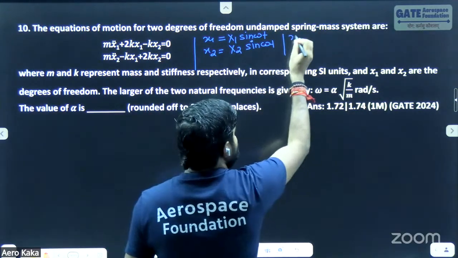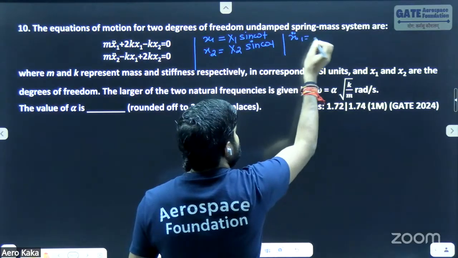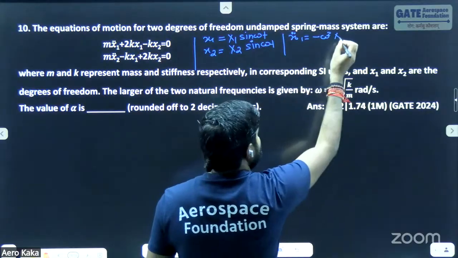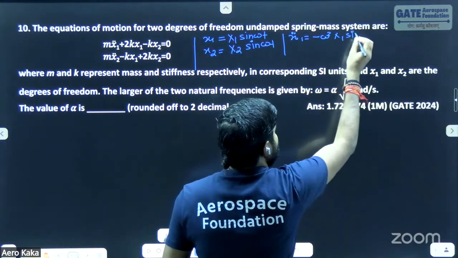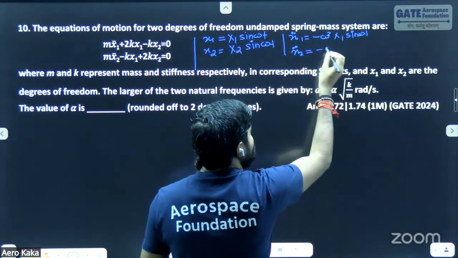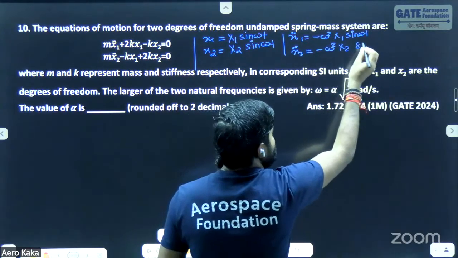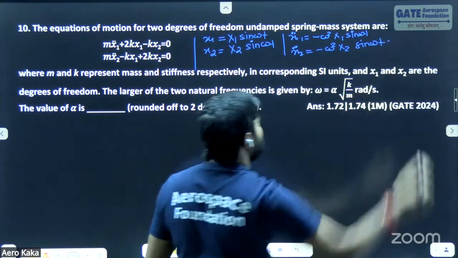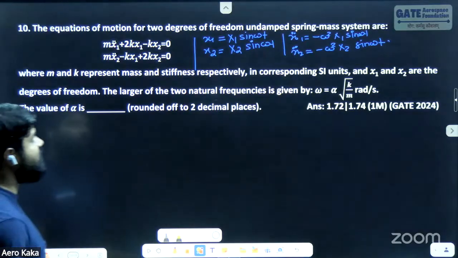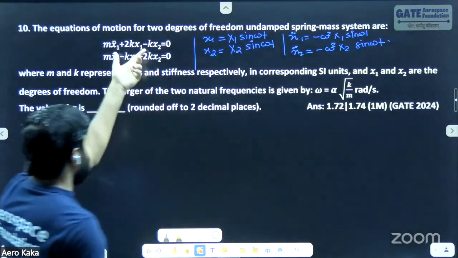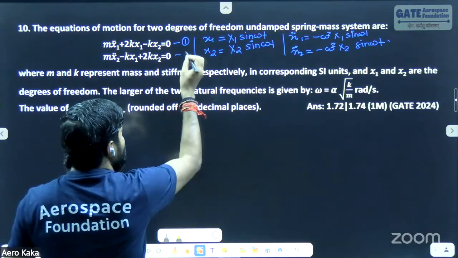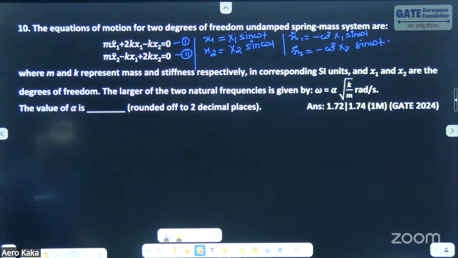So x1 double dot is going to be minus omega square X1 sin omega t, and x2 double dot is going to be minus omega square X2 sin omega t. Just substitute here and find out the value of X1 upon X2. Substitute in equation number 1 and equation number 2. Equate it, and what will you get? You will get the frequency ratio.